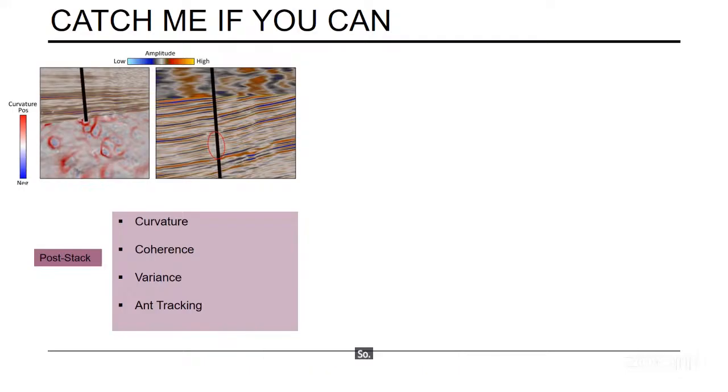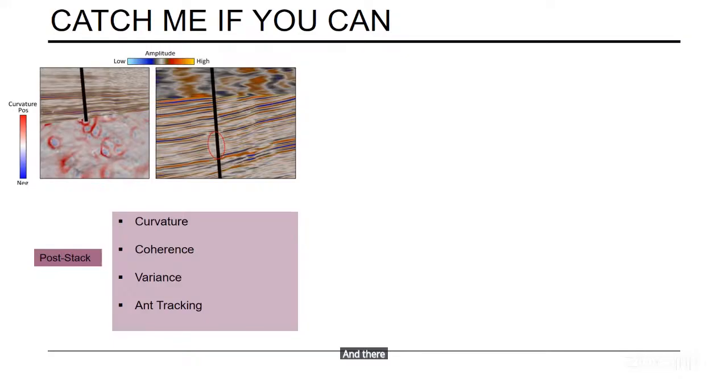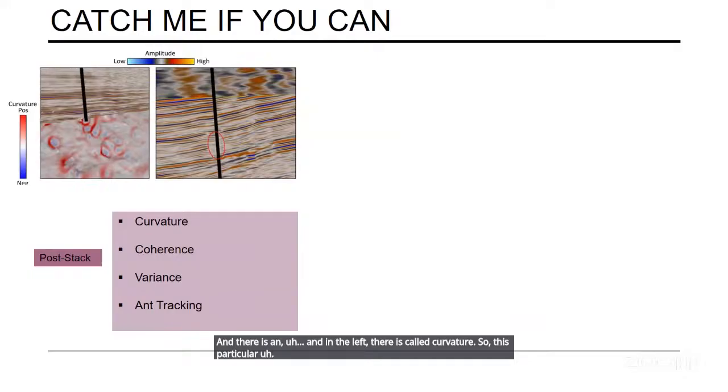Over here, I will take a small pause and ask you to look at the image on the top left. There is a plot of high and low amplitude in terms of seismic, and on the left there is curvature. In this image at the extreme left, you can see red and blue.